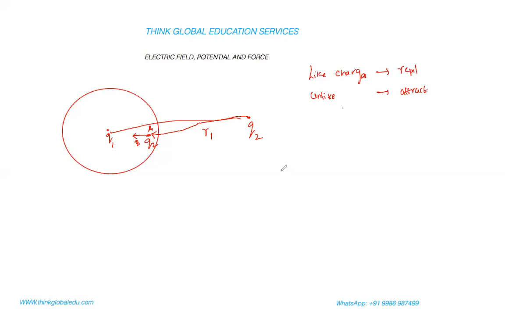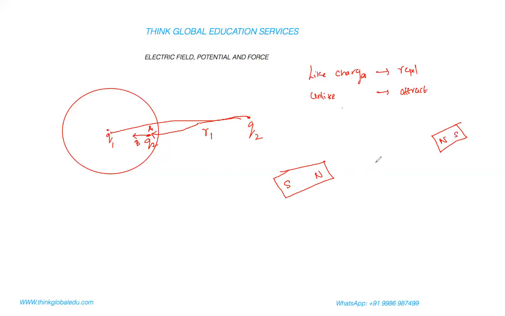Let's assume this is a magnet, with the North Pole here and the South Pole here, and the distance between these two magnets is 1 meter. These are very small, mildly strong magnets, so the force of attraction or repulsion would be very small.